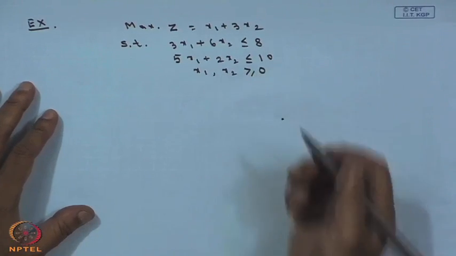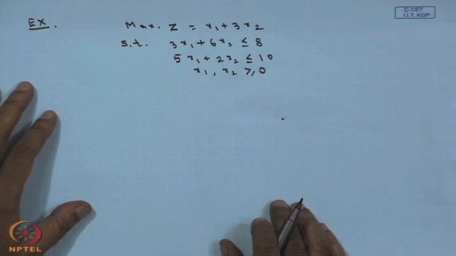You may ask, why are we always taking x1, x2 greater than or equal to 0? In LPP we want to find the solution of real life problems. In real life problems usually the decision variables cannot take negative values, they take non-negative values. If you consider time, time is always positive. So we take this constraint that x1 and x2 should be greater than or equal to 0.